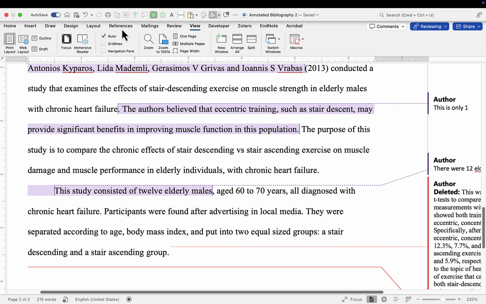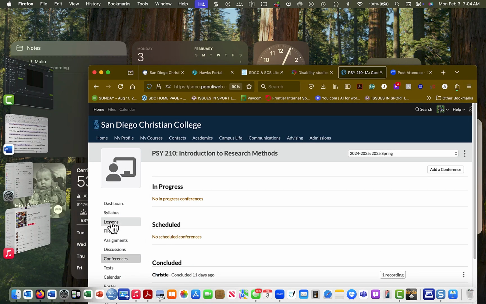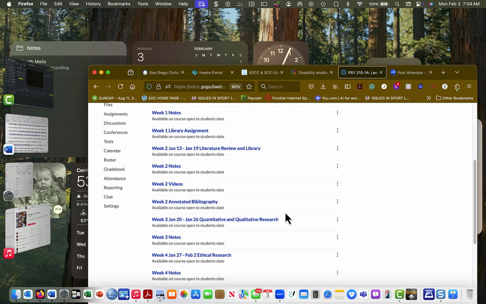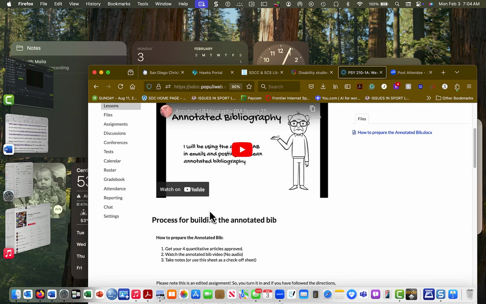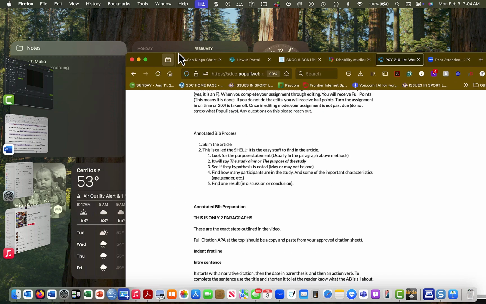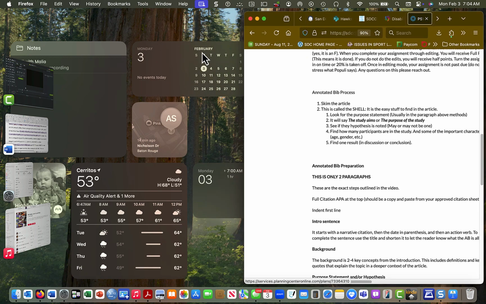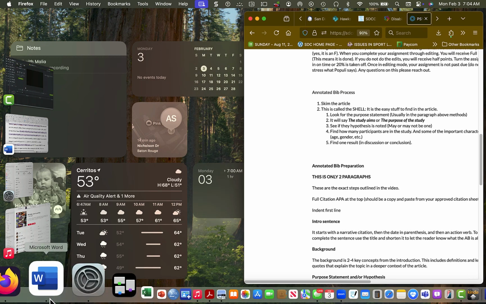Okay, so I'm going to bring up the instructions. Let's see. Here, and lessons. And then I need to go here, and then I'm going to put this one on the right. And this one, where is it?